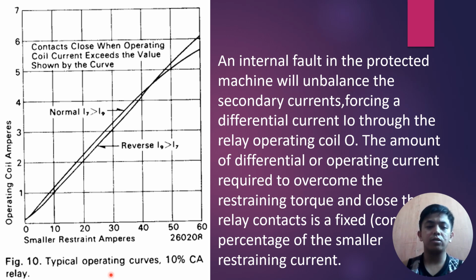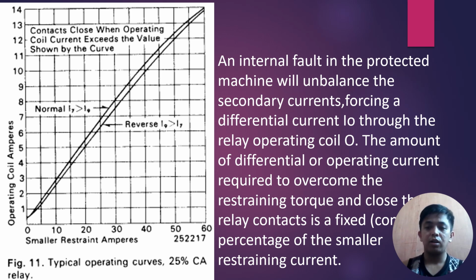The curve shows that the relay operates when the operating coil amperes exceed the value on the curve. For example, if the smaller restraint current is 20 amperes, the relay will trip when the operating current reaches around 3.5 amperes or goes beyond the curve.